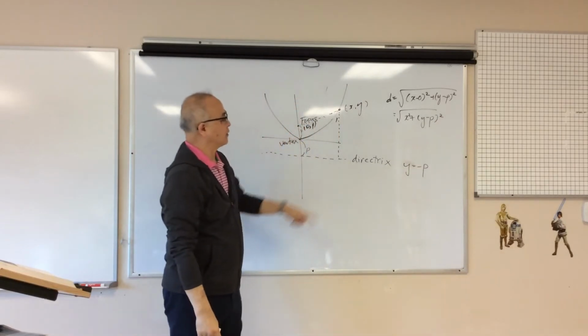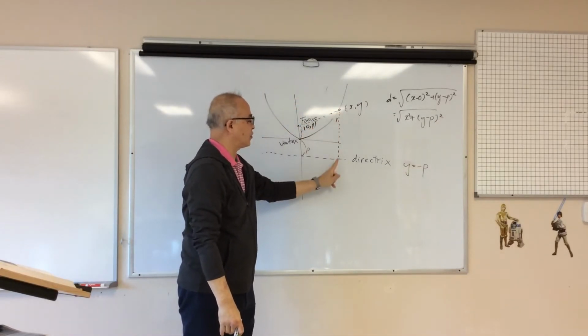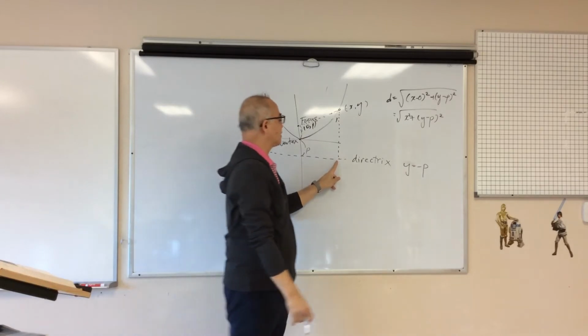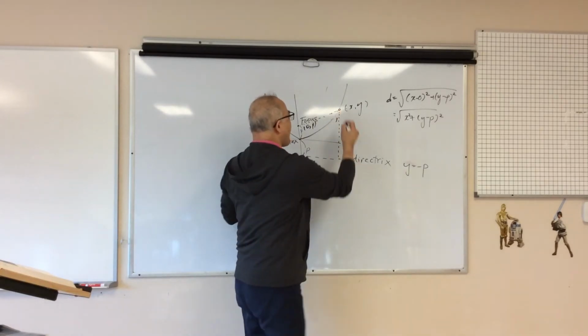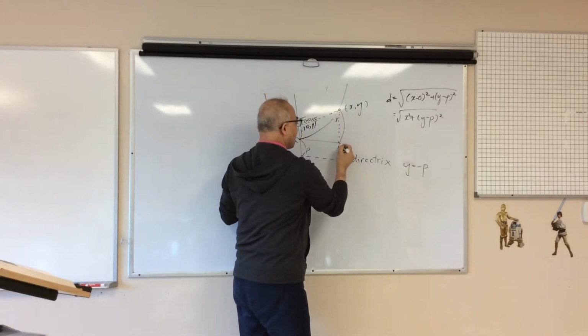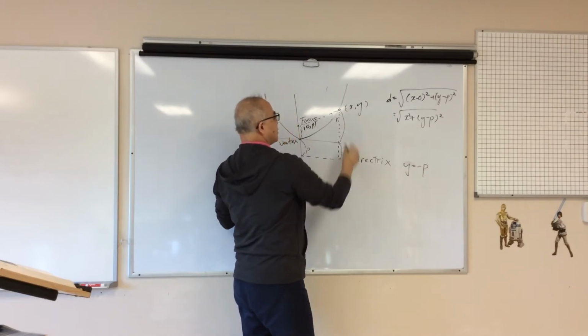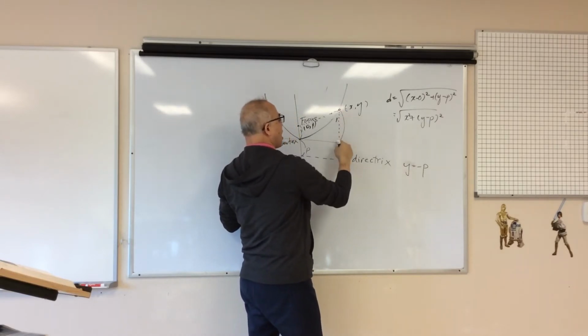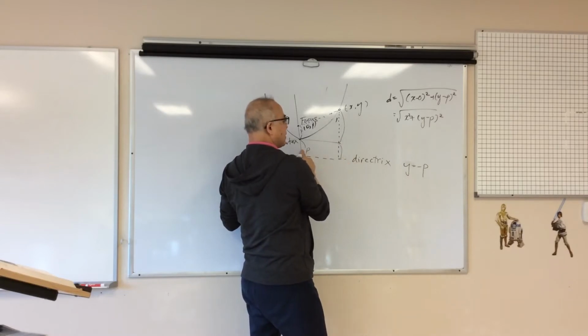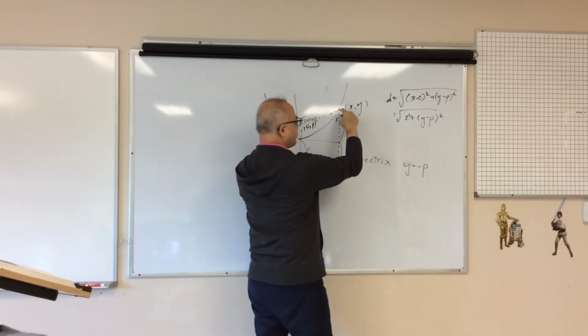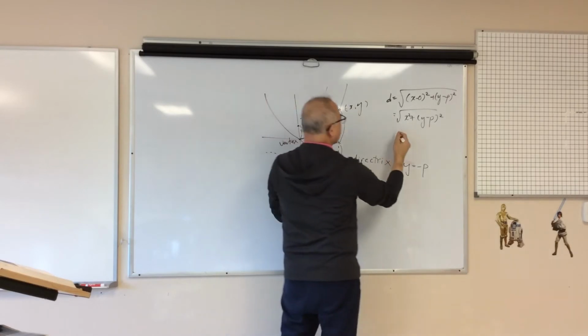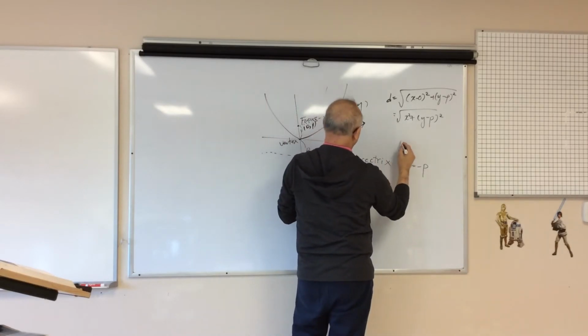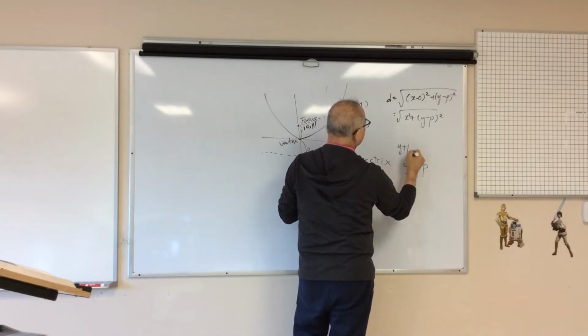The distance from here to the directrix is nothing more than the y and the y here. So it's the distance here, which is basically y. The distance from here to here is the same as over here, it's p. So the distance from here to the directrix is going to be equal to y plus p.